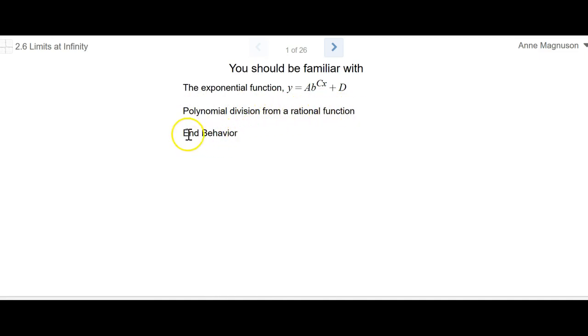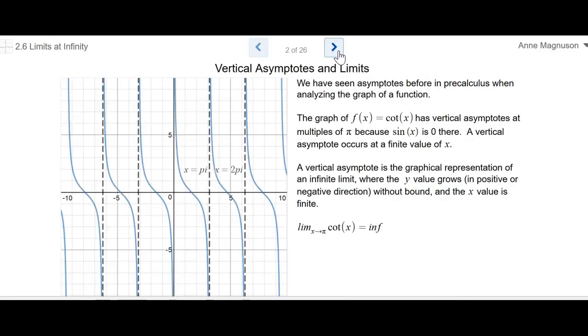And what we're going to talk about in this section is end behavior, meaning what a function does as x grows larger and larger in the positive or negative direction. So we've talked about vertical asymptotes before. You've seen them in pre-calculus when analyzing a graph. Certain trig functions have vertical asymptotes, such as the cotangent function seen here.